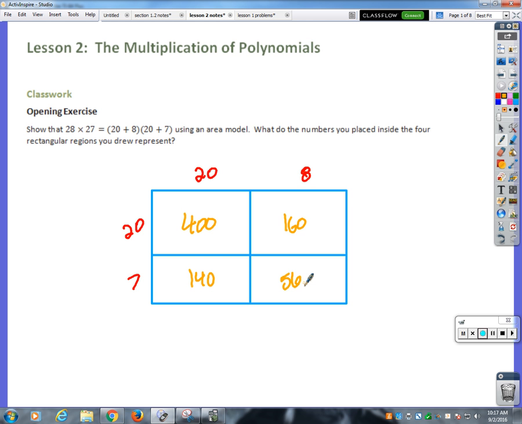Okay, so then the answer is what you get when you add all of those things together. So 400 plus 160 plus 140 plus 56, and conveniently, since those add up to 300, you get 756. Okay, so that's a way that you can do multiplication without doing the 2 by 2 kind of thing.